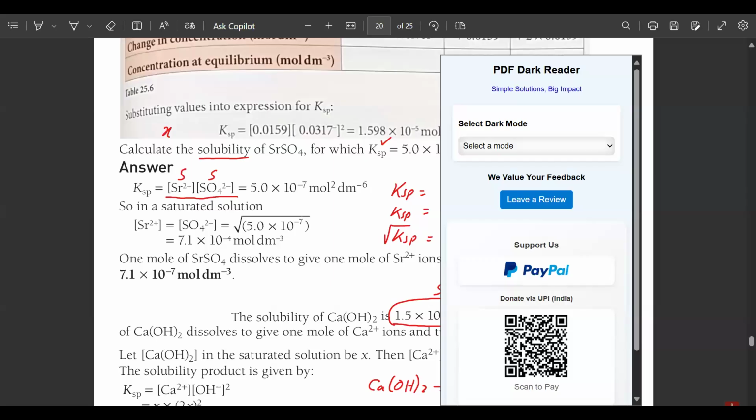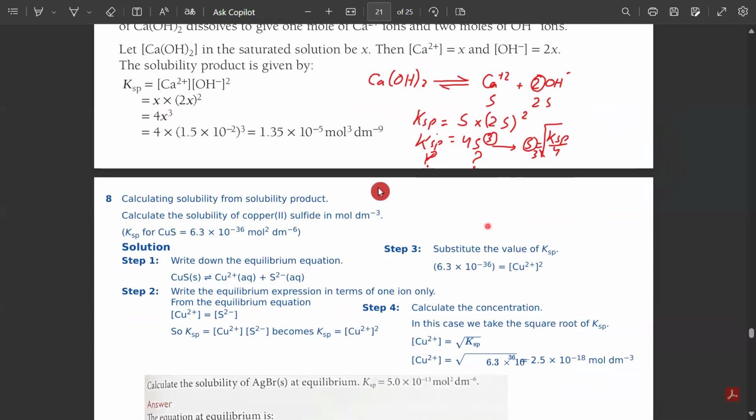Yes, please. If a question asks you to write two equations where they give you a salt and the salt acts like a buffer, for example, I write the salt dissociating, and then I write the second equation.